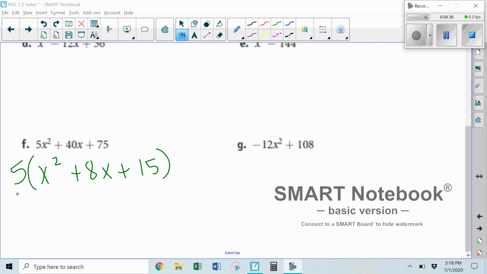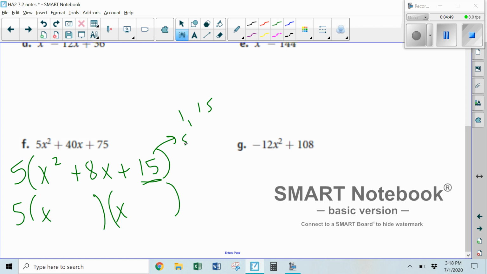Now I can continue to factor. Now I do have an A term of 1. That 5 on the front will just tag along. That's just being multiplied. Think of things that multiply to 15 and add to 8, so the 5 and the 3.